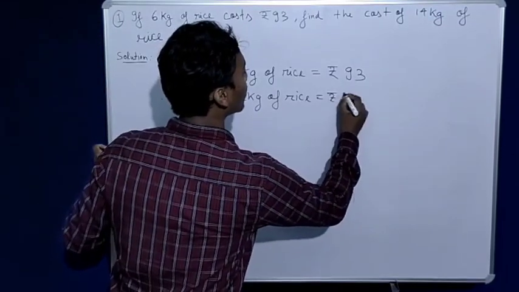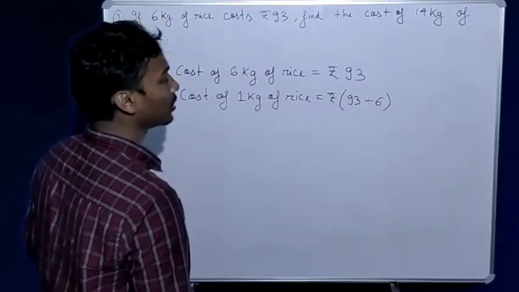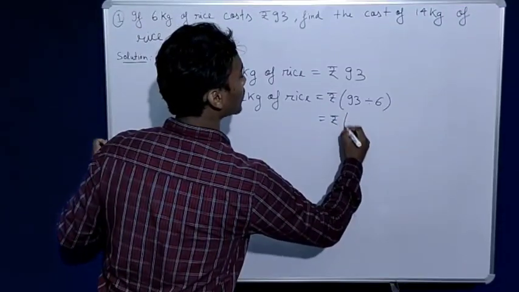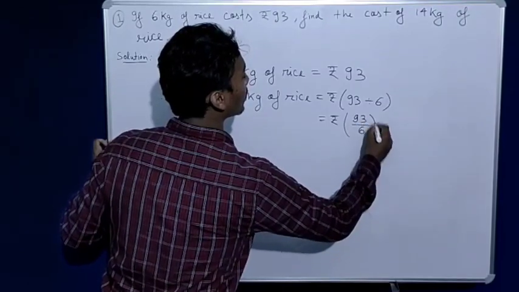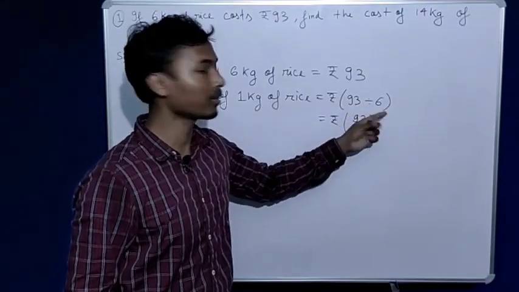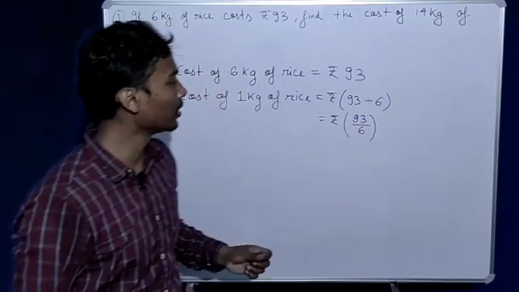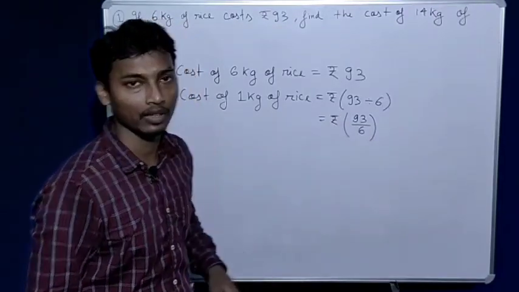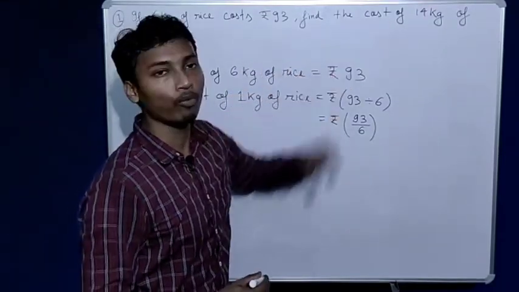So rupees 93 divided by 6, that will give you rupees 93 by 6. Now you can leave it in a fractional form. 93 divided by 6 can be written as 93 by 6. This also means division. We cannot reduce it completely, so let's leave it in the fractional form. We'll solve it later.